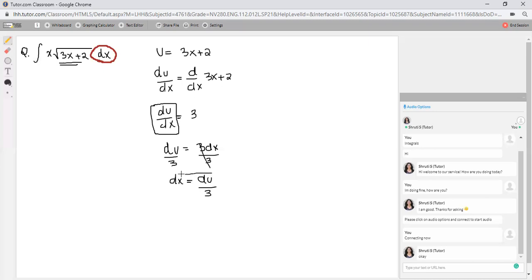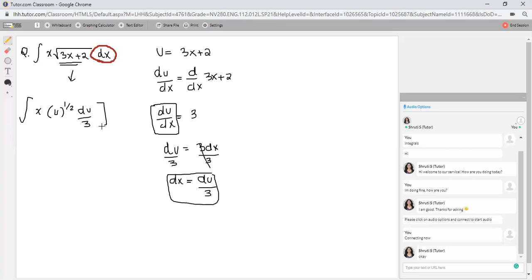Yes, very good. So we can rewrite the integral as follows. Yes, very good. So what to do next now?